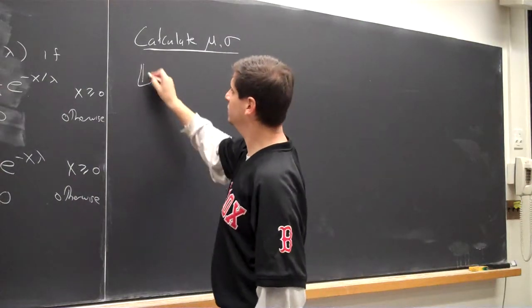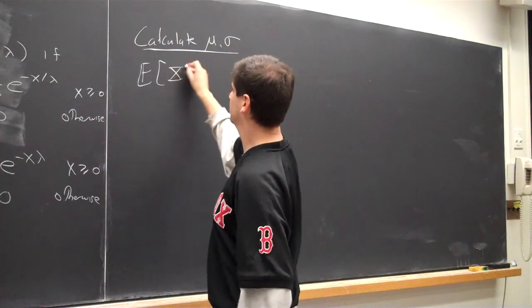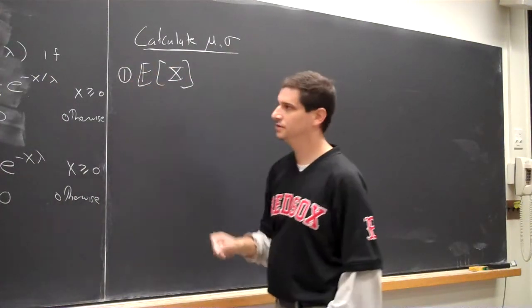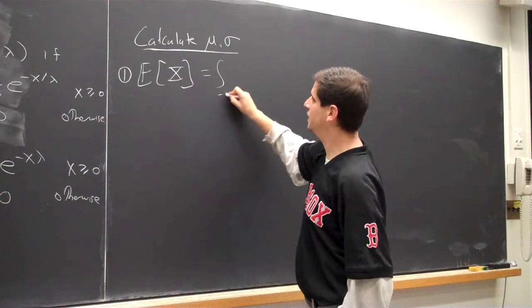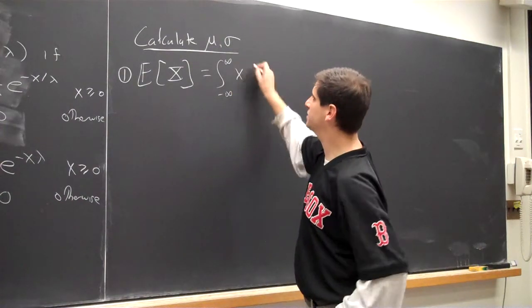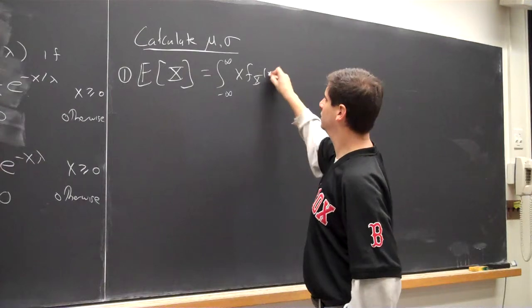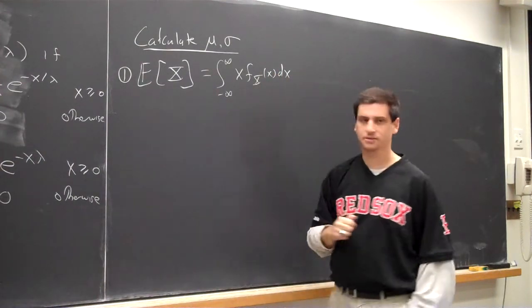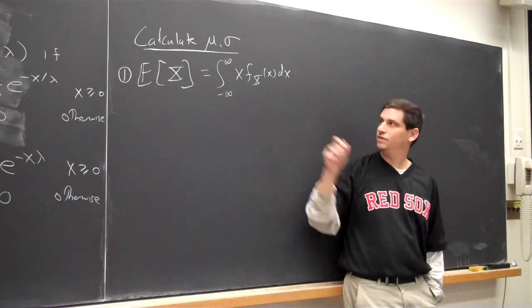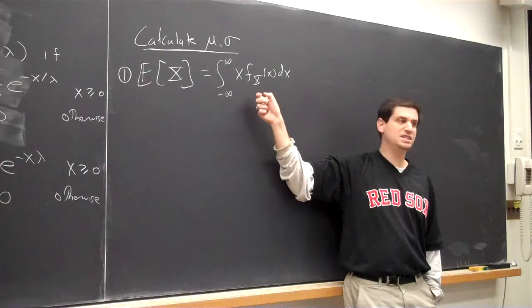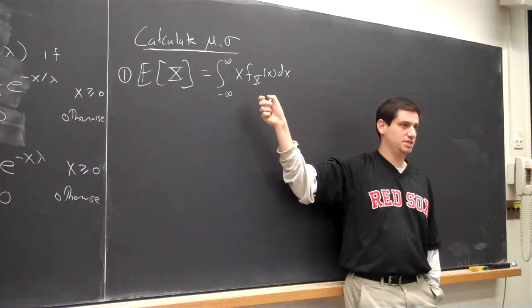Alright, so the expected value of X, and I'll use definition 1, is going to be the integral from minus infinity to infinity of x times f_X of x dx. Well, my density is 0 if x is less than 0.